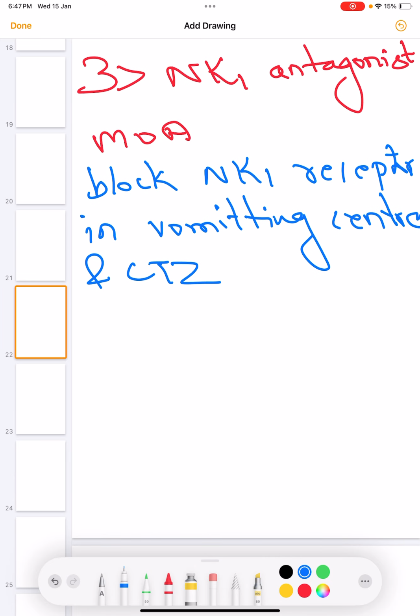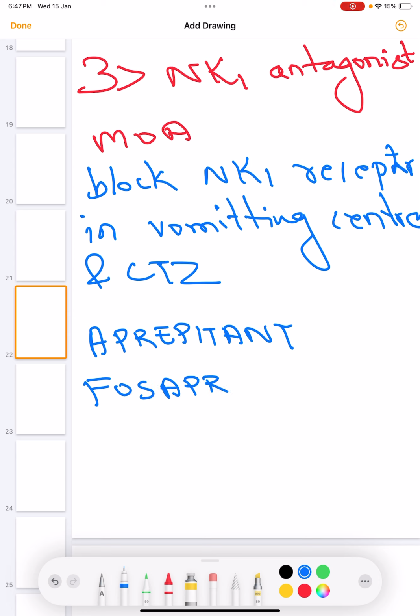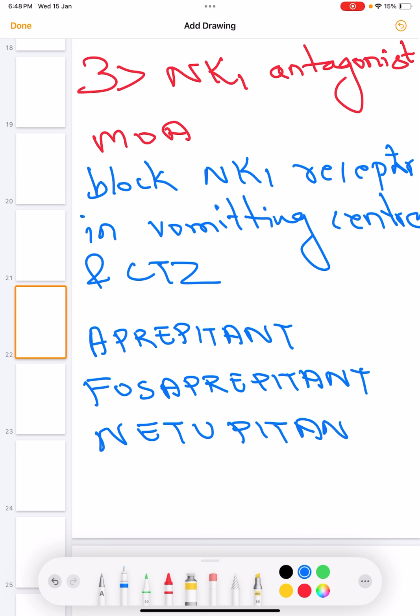Now what are the different drugs? The names of the drugs are aprepitant, fosaprepitant, netupitant, and rolapitant.